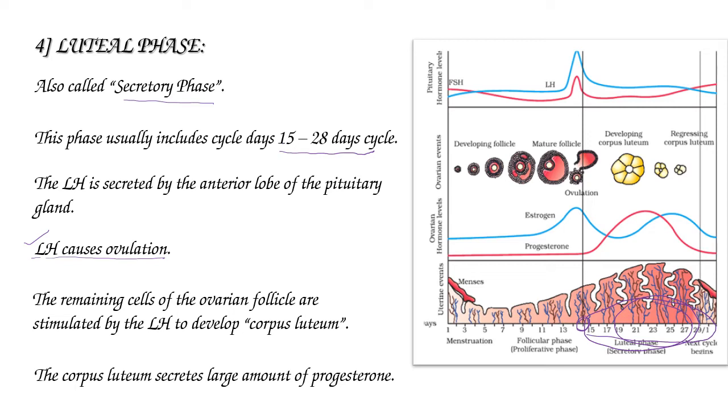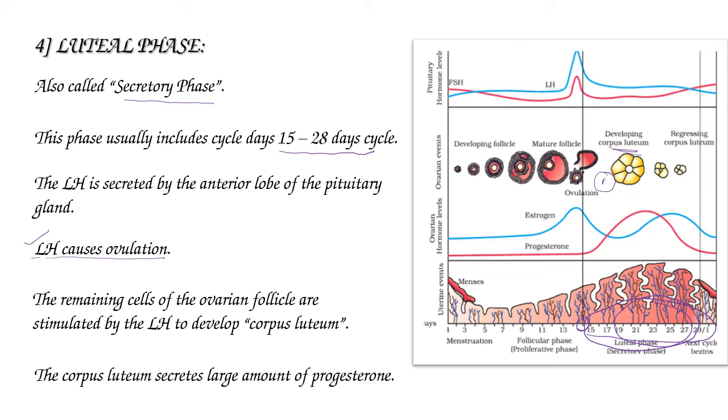Now what happens during this secretory phase? Ovulation takes place on the 14th day due to rupturing of the Graafian follicle. That is the first step. If fertilization takes place, the ruptured Graafian follicles are converted into yellow colored bodies called the corpus luteum. The developed corpus luteum produces progesterone to maintain the pregnancy.